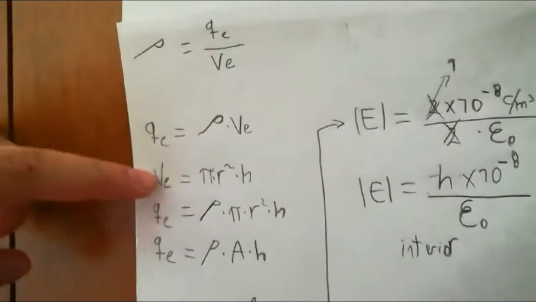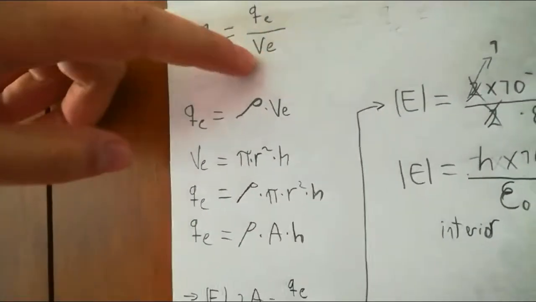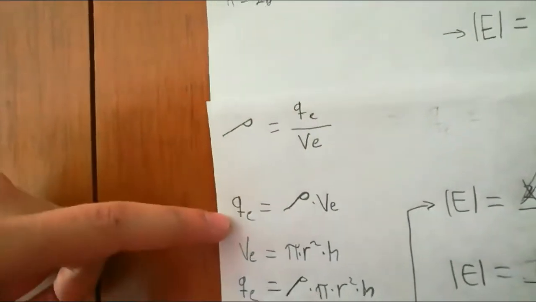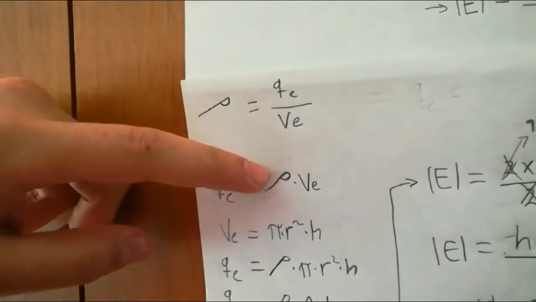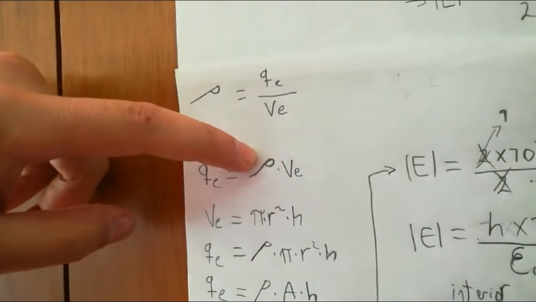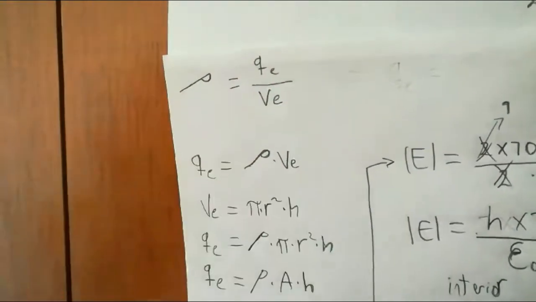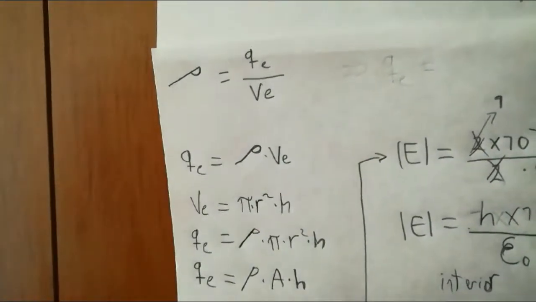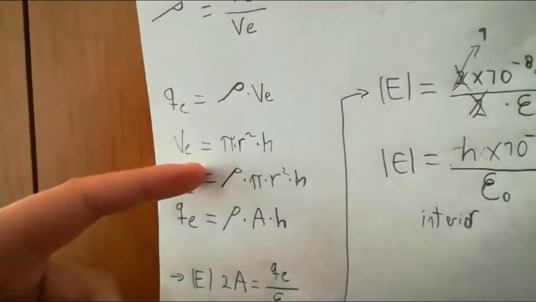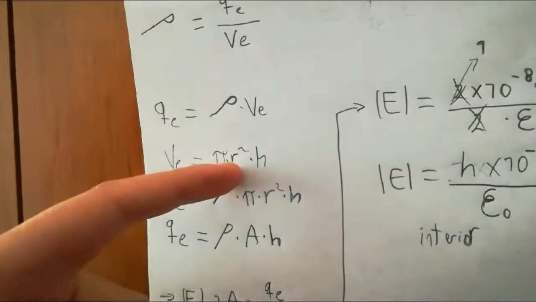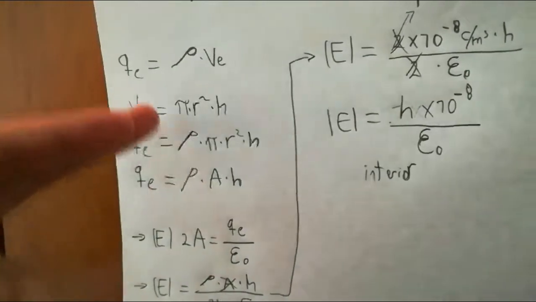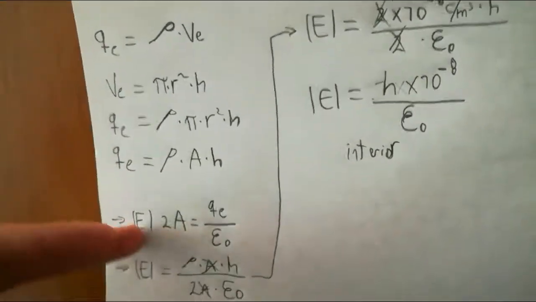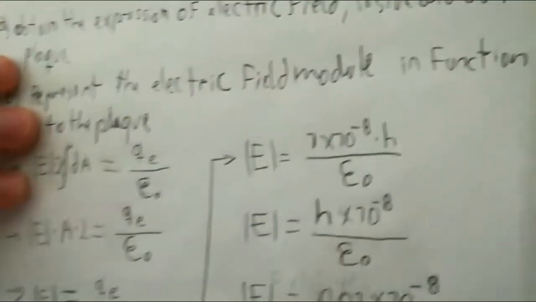So this is the enclosed volume. The enclosed charge is going to be equal to the charge density multiplied by the enclosed volume. Enclosed volume is going to be equal to pi multiplied by R squared multiplied by H. So we replace these values in the equation that we wrote over here.